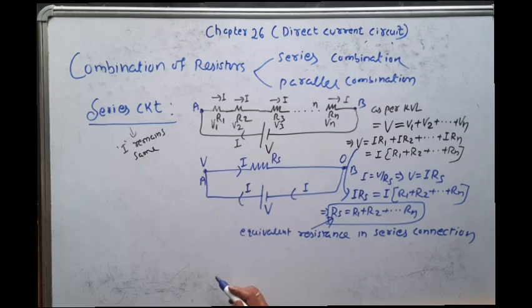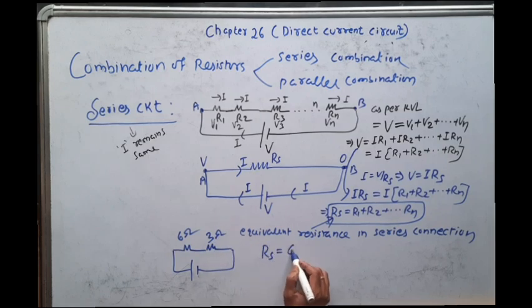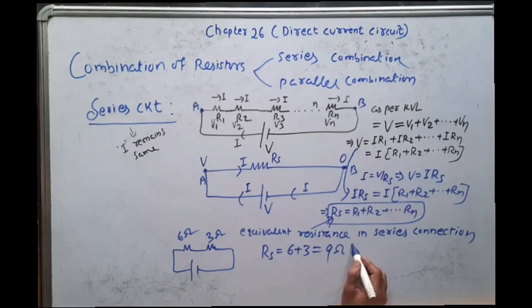So what will happen in this series connection? Suppose I take two resistors connected in series. One resistor is 6 ohm, another resistor is 3 ohm. Then what is the equivalent resistance? It is nothing but 6 plus 3, which is equal to 9 ohm. So this 9 ohm is greater than the highest of the individual values.